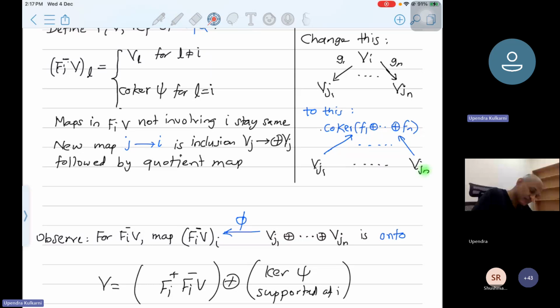So I'm going to take their direct sum, and I'm going to take the map onto the co-kernel. Notice that this map is already onto, which is what this observation is. So I'm going to take the kernel of this map. Oh, okay, I understood. Right. Thank you. And you see, when I take the kernel of this map, I'm going to put it over here, in this slot.